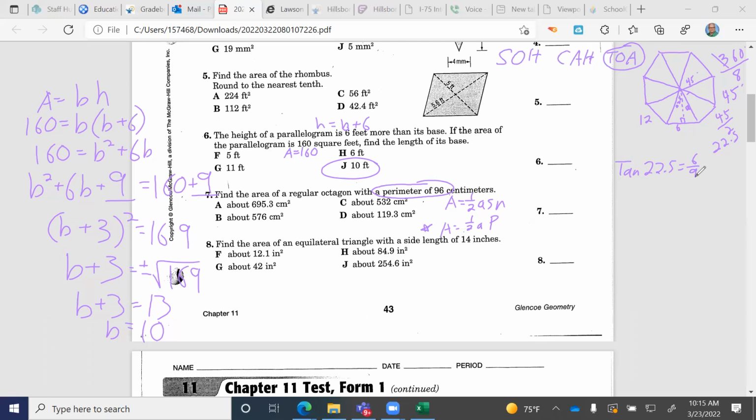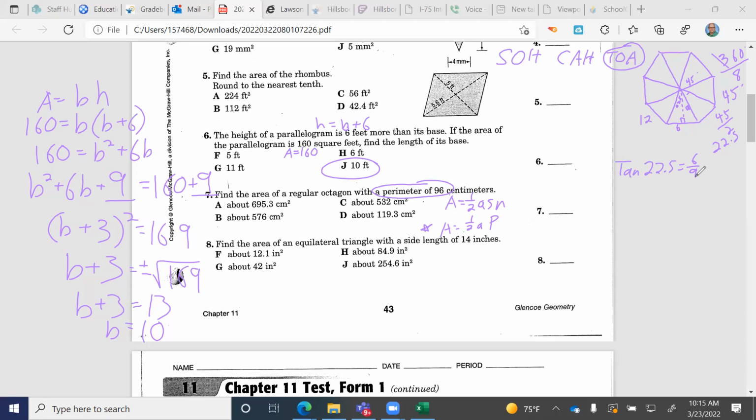Normally what I would say to do at this point, you want to get the 6 to the other side, so multiply it over, and we can divide by tangent 22.5. I am going to show you one other way that you could do this. It was something that another teacher was doing for some of their students, and I kind of liked it, so I'm going to show it as an option here.